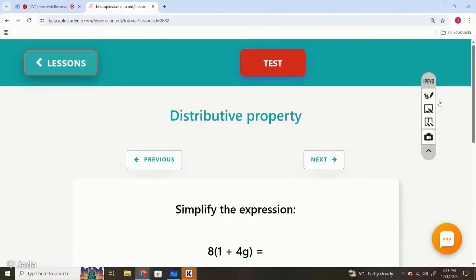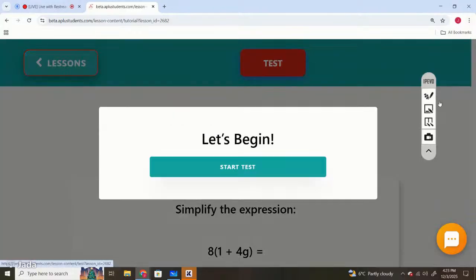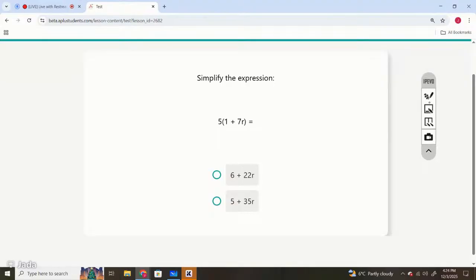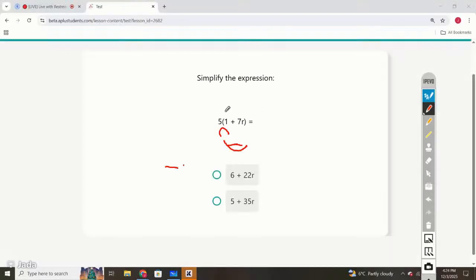Okay, let's just start with the test questions. Simplify the expression, so we need to apply the distributive property.